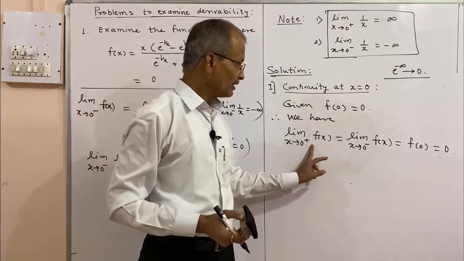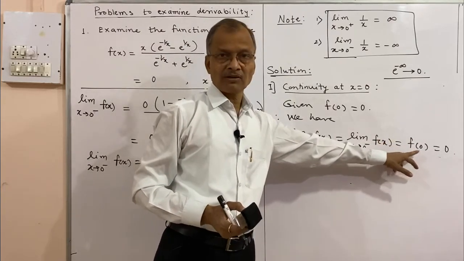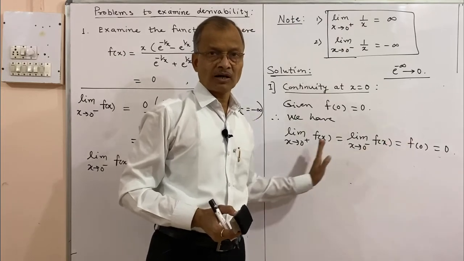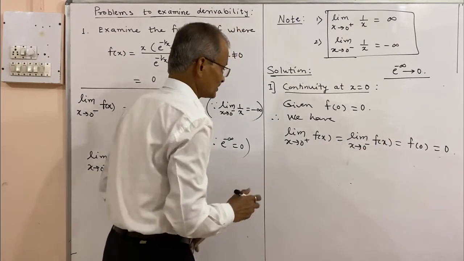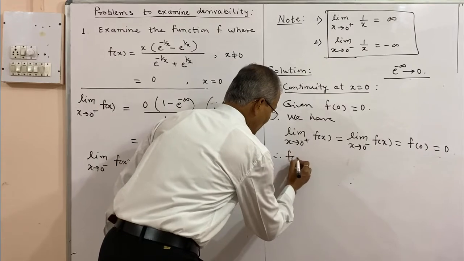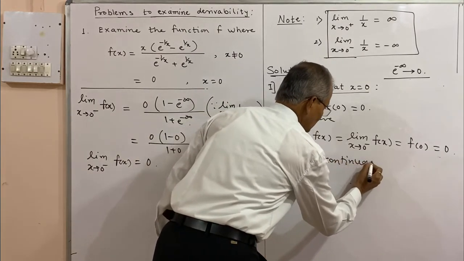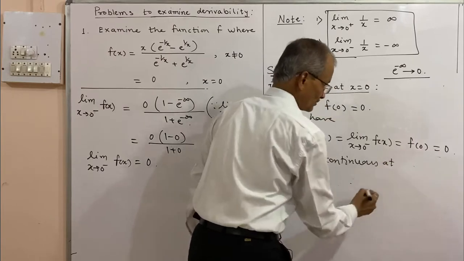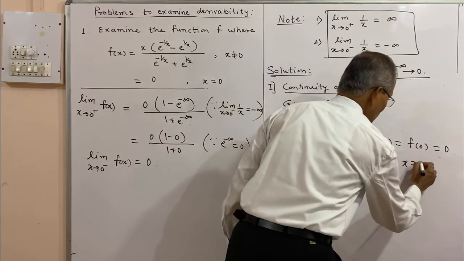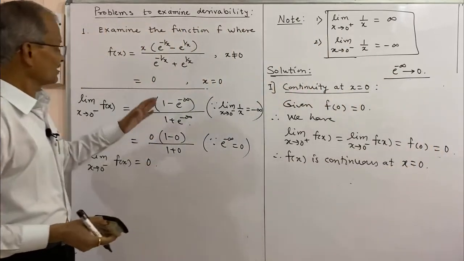Here the left hand limit, right hand limit, and the value of the function at 0 all are equal, and therefore fx is continuous. Fx is continuous at x is equal to 0. So this proves the first part of continuity.